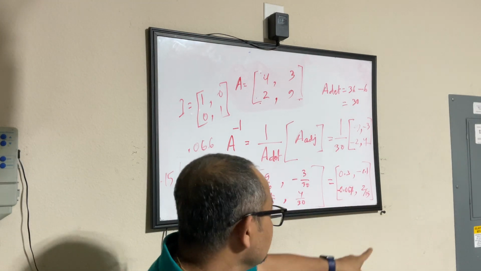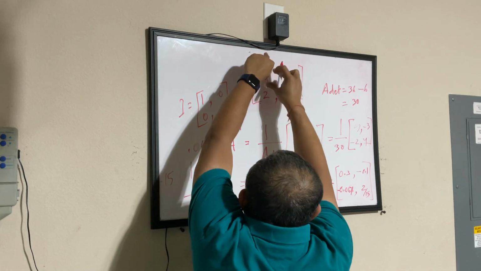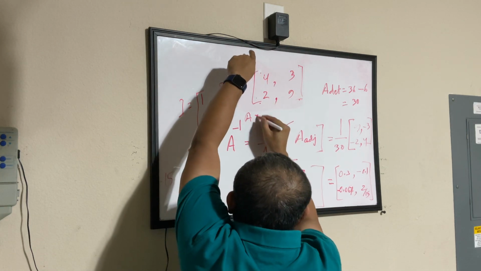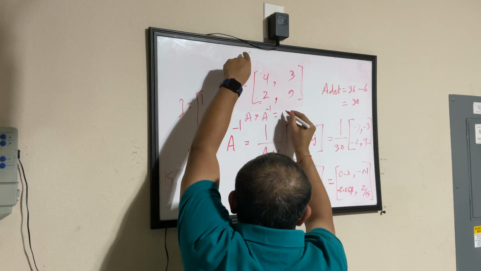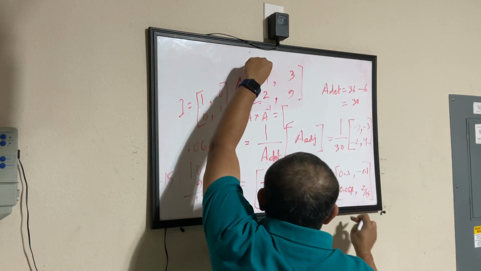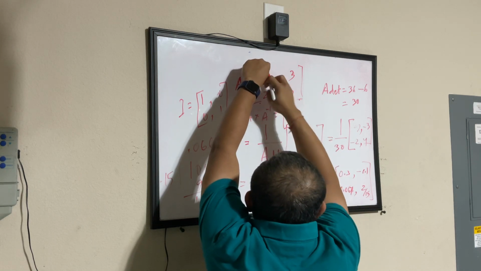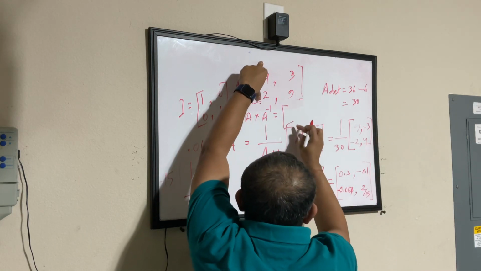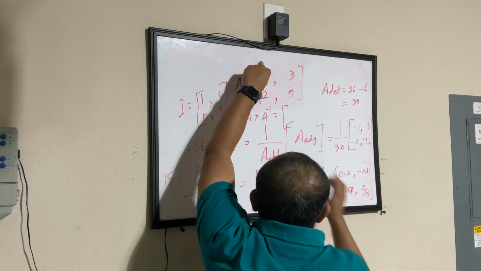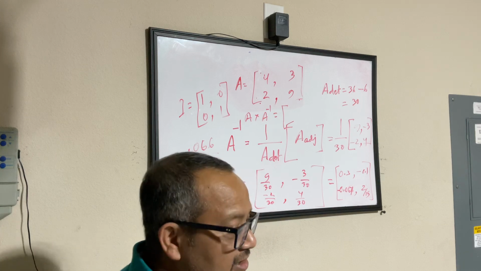I'm not doing the multiplication, but when you multiply a and the inverse of a, the first element will be first row, first column, multiplied and added. Then first row, second column, then second row, first column, second row, second column. So that is how we multiply.